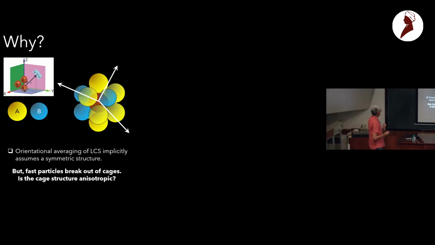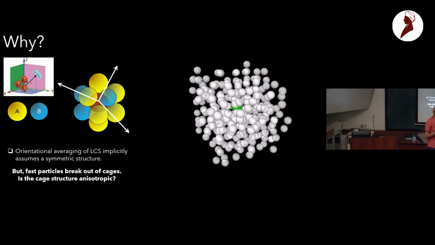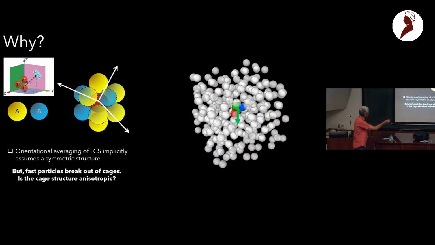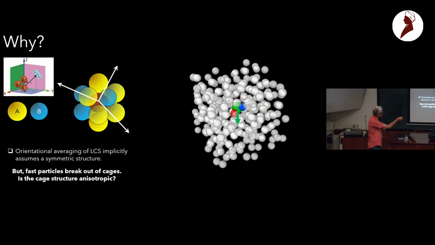We know that fast particles hop out of their cages over the time t star, and what we're going to do is take my coordinate system and align it along the hop direction. So this is my fast particle, and it moved at time t star along this direction.